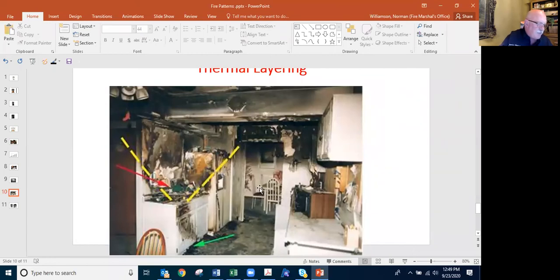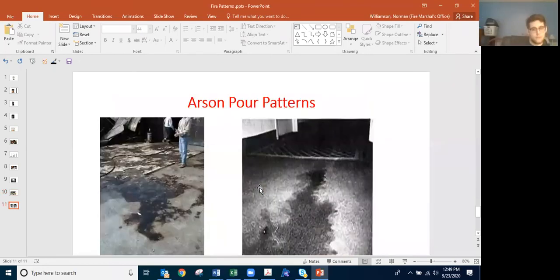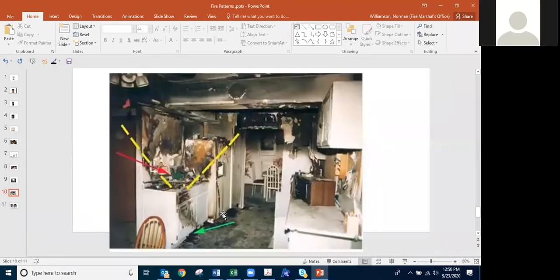Okay. So as we move on, I want to show you some. What about all that charring that was right by that protected area? What this right here more than likely is going to be is thermal burning, charring of the material. It depends on what it was that was there.